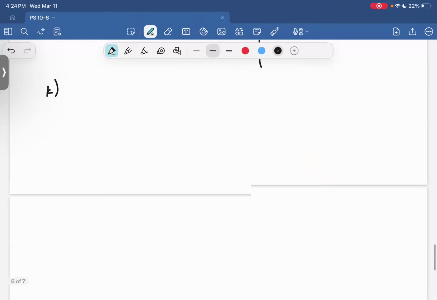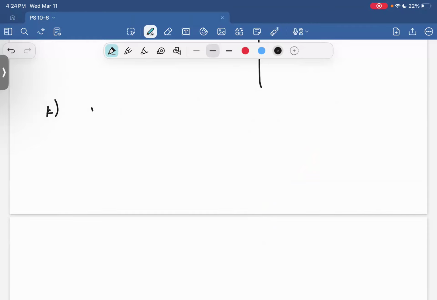Lastly, k, we have x equals t cubed and y equals 3 ln t. Probably the best way is to start from the second equation.